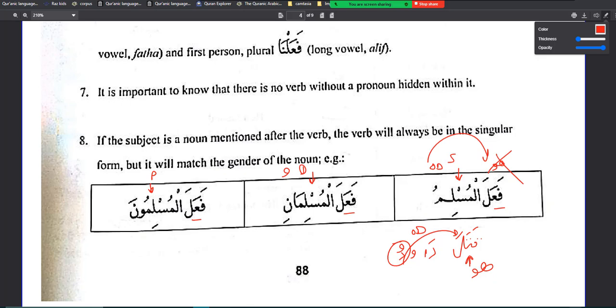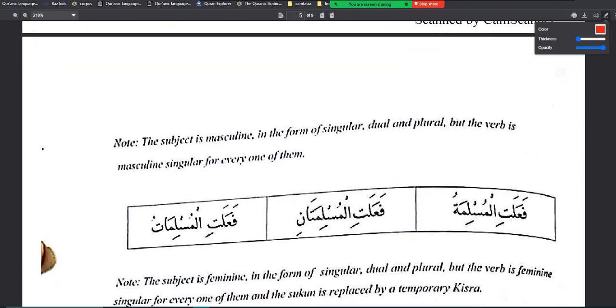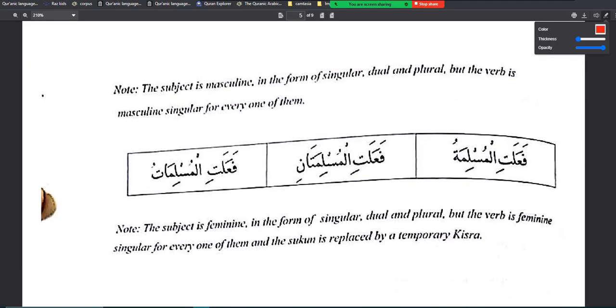Any questions? Okay, Alhamdulillah. And then next we have, note that the subject is masculine in the form of singular, dual, and plural. We learned about the subject, that is the doer, the outside doer, was masculine. Al-Muslimu, Al-Muslimani, Al-Muslimuna. In the form of singular, dual, and plural, but the verb is masculine singular for every one of them.